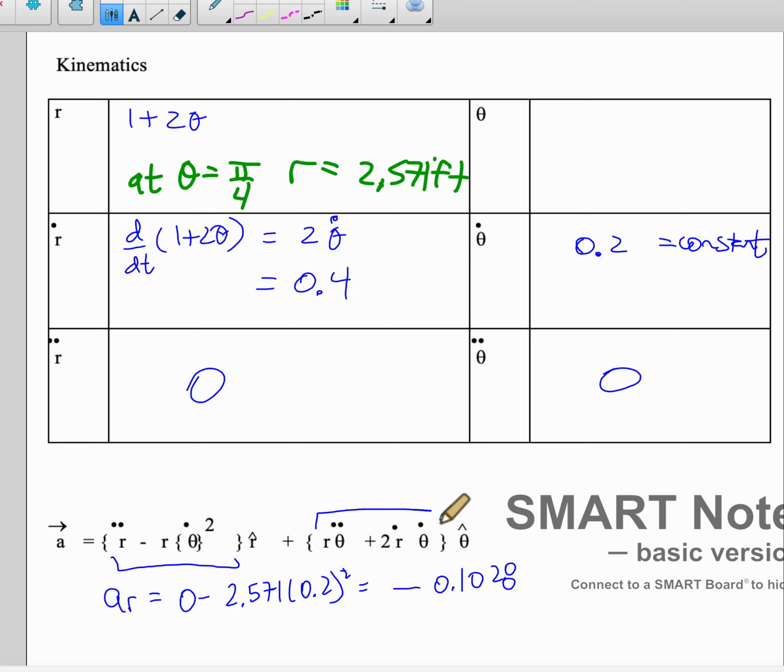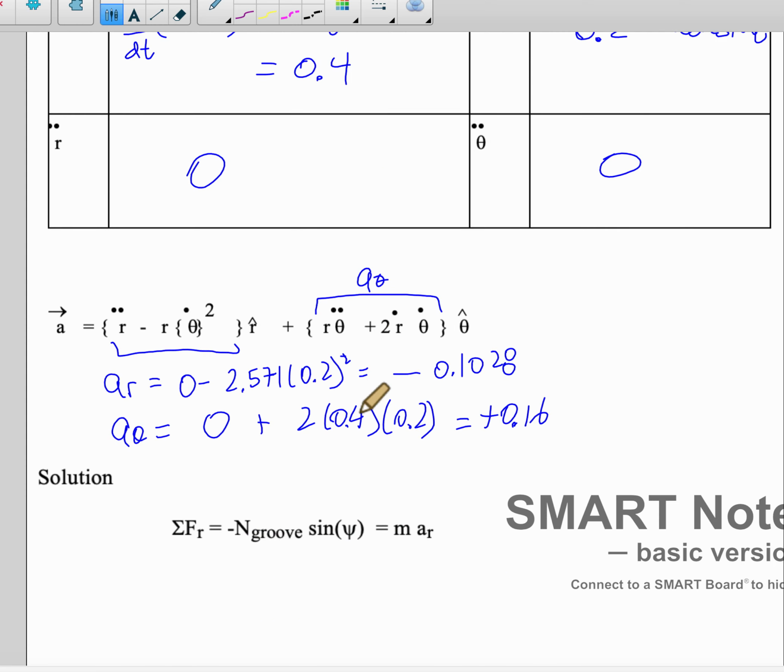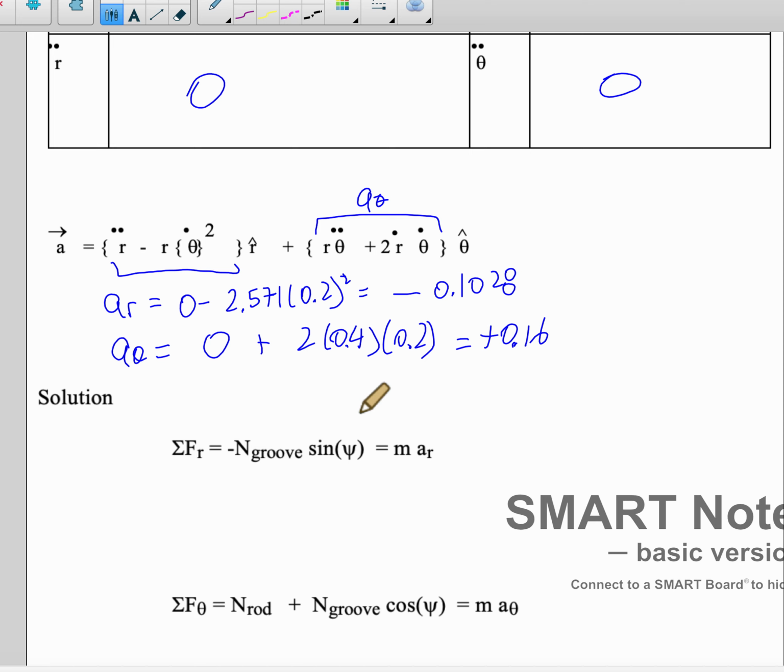And this will be the acceleration in the angular direction. The theta double dot is 0. It's just twice r dot theta dot. It's positive 0.16. So we substitute in to calculate our normal forces.